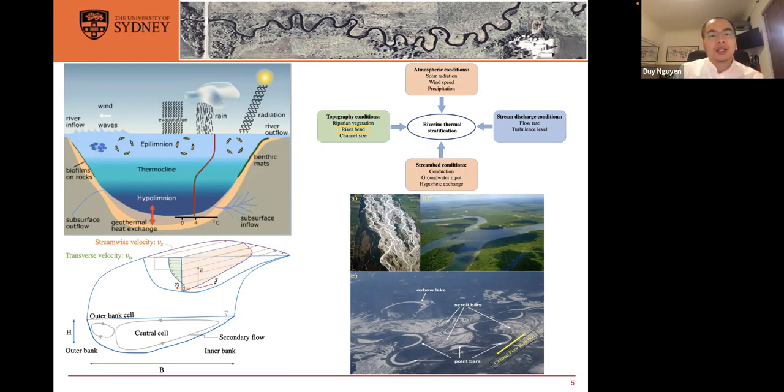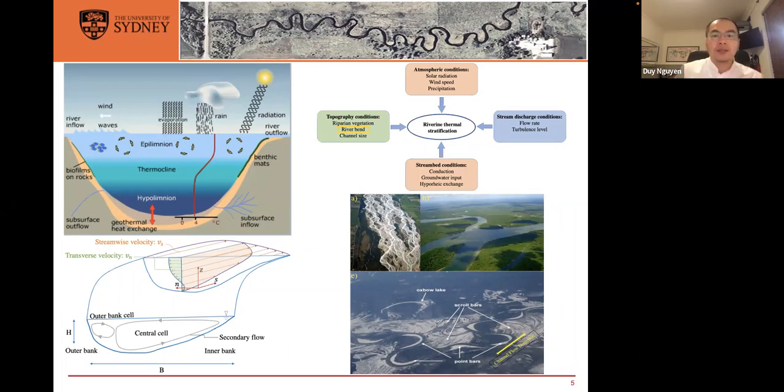So this layering happens, for example, here you can see three layers. This will suppress the turbulence and mixing, and it changes the flow characteristics, and that's why it leads to a really suitable condition for algae blooming, or on the other hand it leads to the fish kill that I talked about earlier.